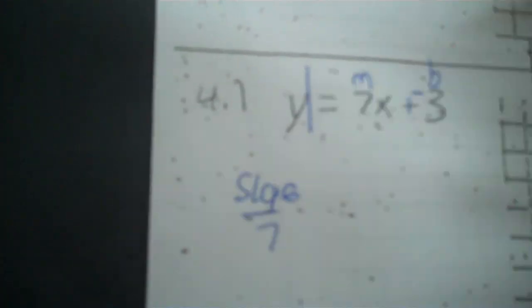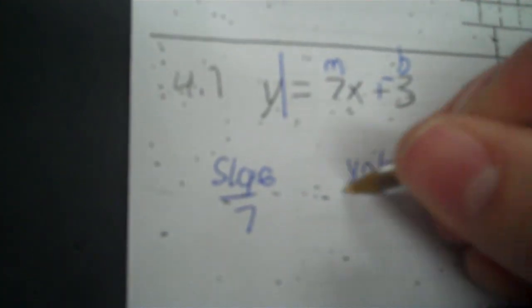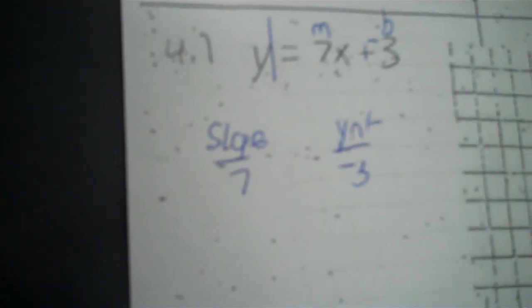Now, the next one's going to be a lot easier because the y is by itself. So we have our mx plus b right there, and that is a -3. Okay, so the slope is 7, and the y-intercept is -3. Now, we need our slope to be a ratio, so I'm going to put a 1 under it, and it's 7 over 1. So on the y-axis, we're going to go down 1, 2, 3.